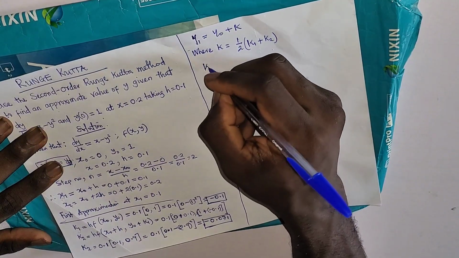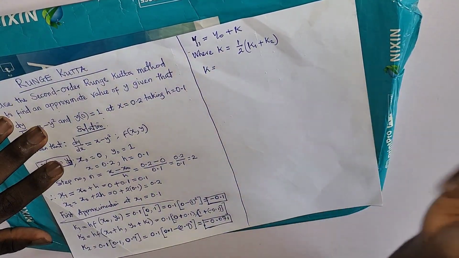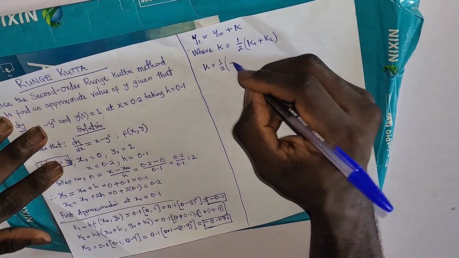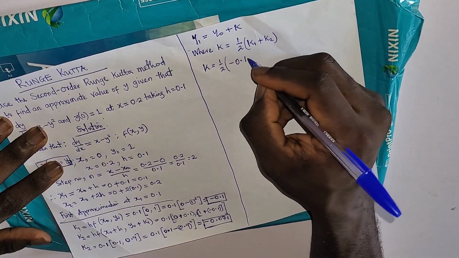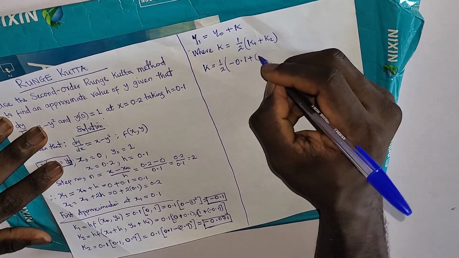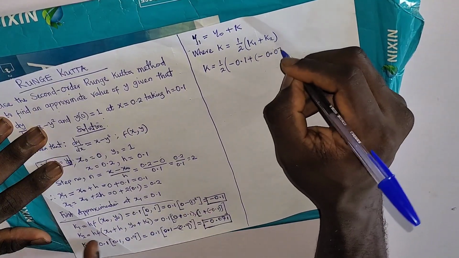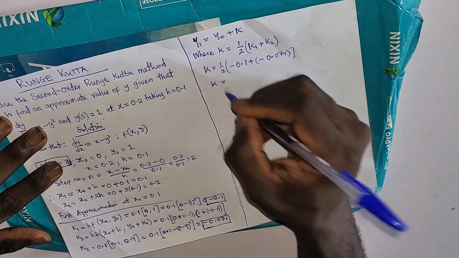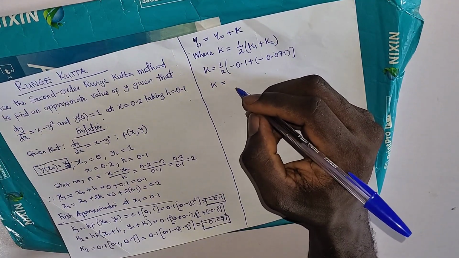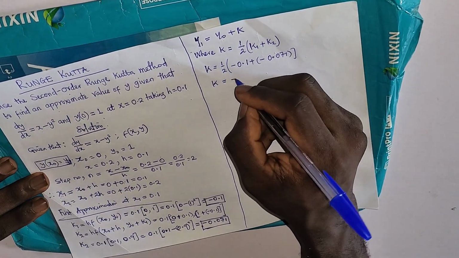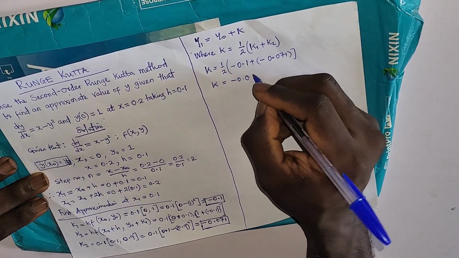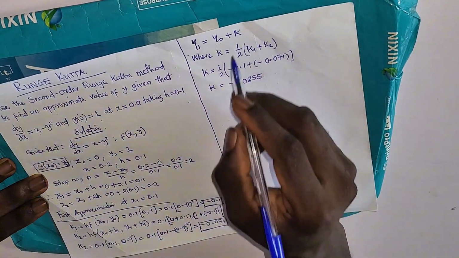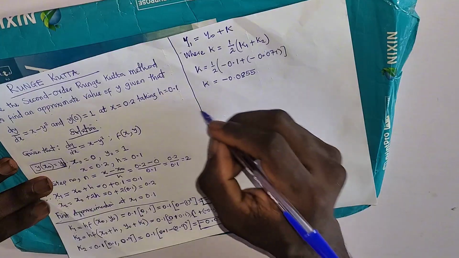So we now say k is equal to 1 over 2 into negative 0.1, that is our K1, plus negative 0.071, K2. So the value of k, using your calculator, is negative 0.0855. We can now substitute back into y1.